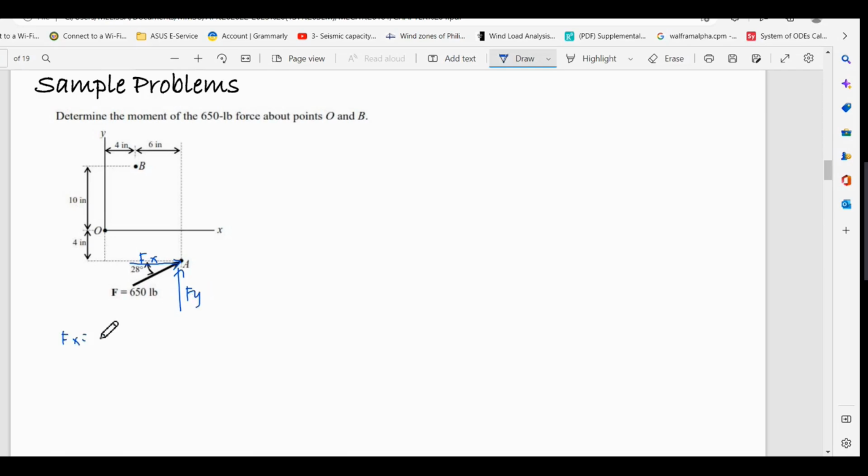So, our Fx is what? 650 cosine of 28 degrees. So, that is 573.92 pounds, and then our Fy is 650 sine of 28 degrees.